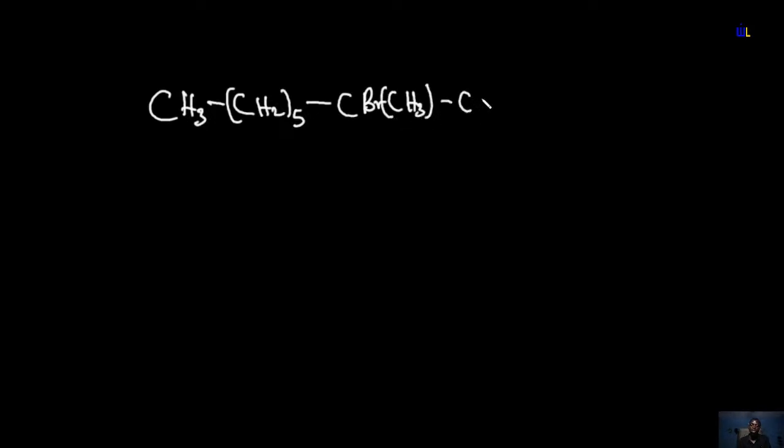Take for instance, I have C, CH3, I have C, H2, let's say I have 5 of these, and then I now have C, Br, CH3, and then I have C, Cl2, and I have C, CH brackets C2H5.